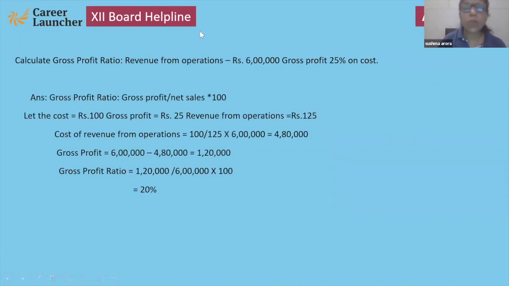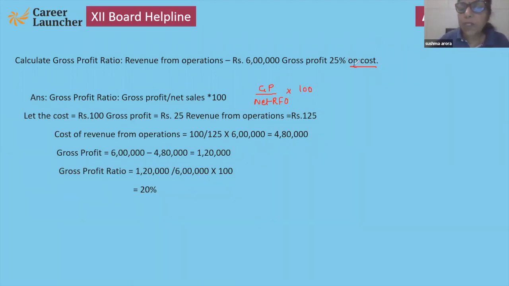Okay, see this point. Here I am going to show you how to do that one. This is on cost. And GPR, the formula is GP upon net RFO into 100. But here GP is not given. Okay, children, how to calculate GP?